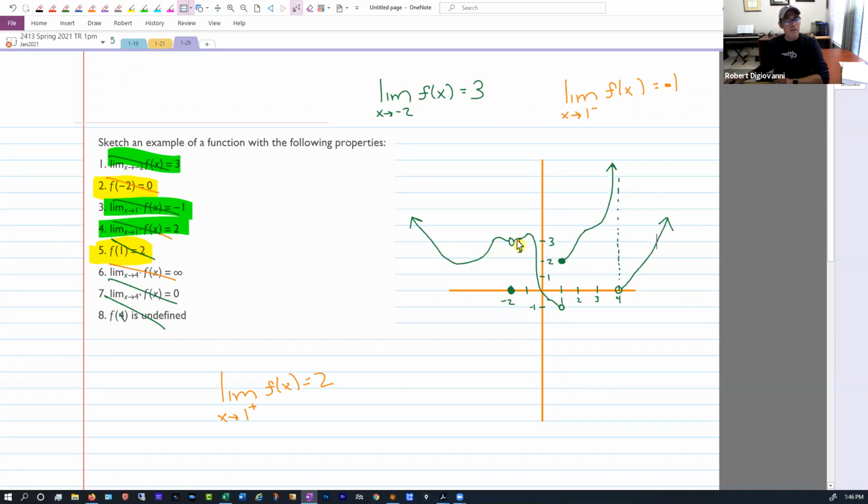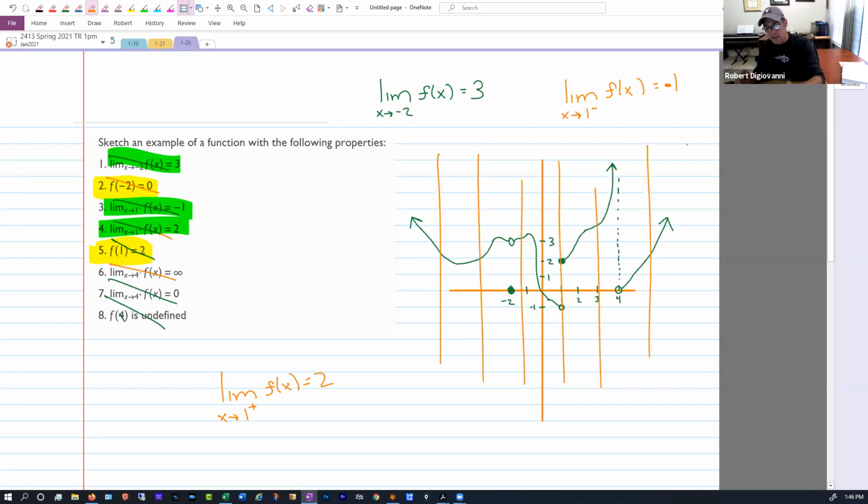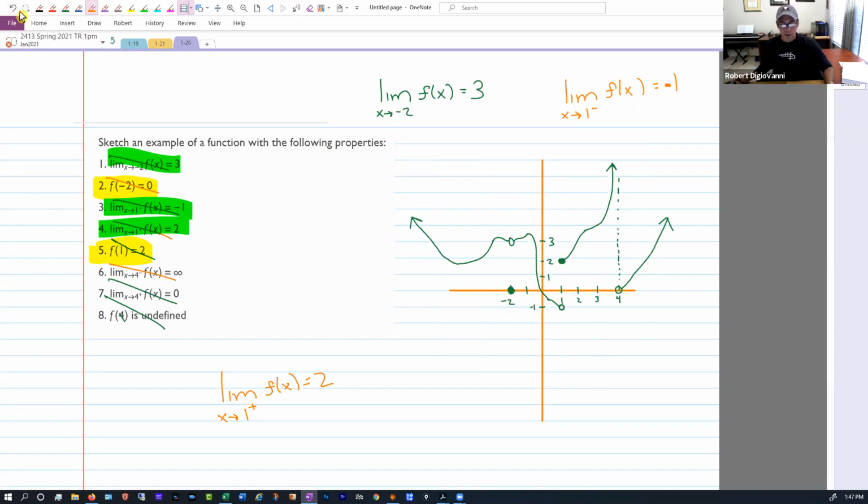I connected everything together to make it look like a function, and I'm making sure I pass the vertical line test, so no matter where I draw vertical lines, I never hit the graph more than once. So it qualifies as a function. I've drawn something that satisfies all those criteria, and everyone's going to have a slightly different picture, right?